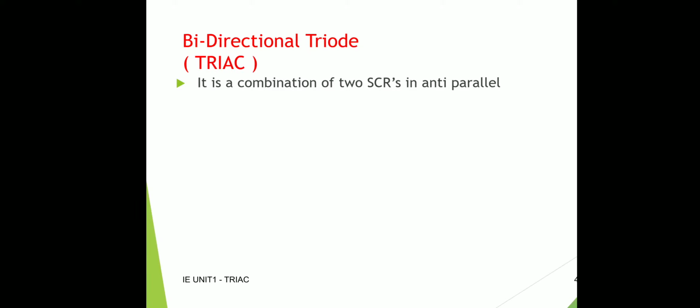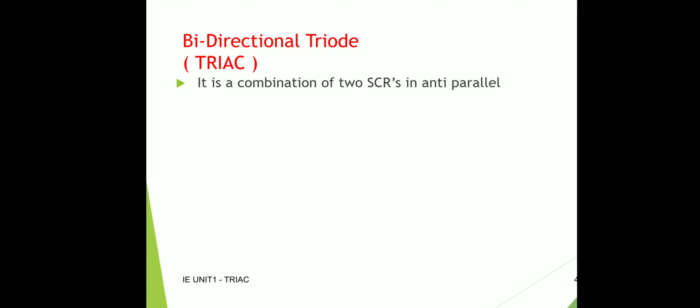So this device can be triggered with the gate terminal. We also discussed the characteristics of the SCR. Mainly the SCR can be operated at high voltages, but the drawback is that it conducts only in one direction, that is, it is a unidirectional device. It conducts only in one direction, and the other direction is reverse biased. This is about the SCR.